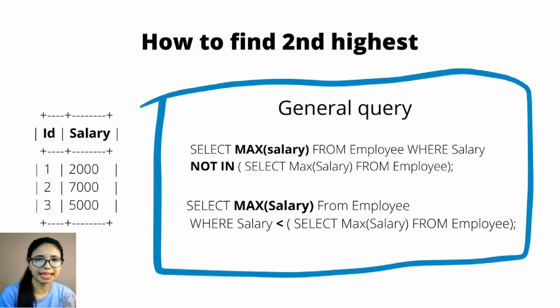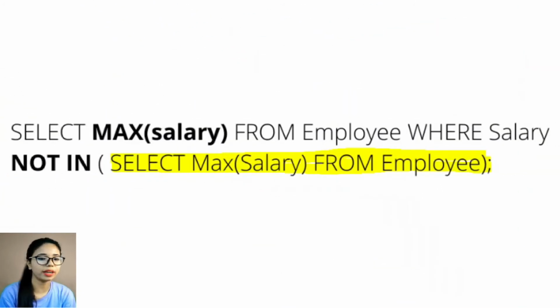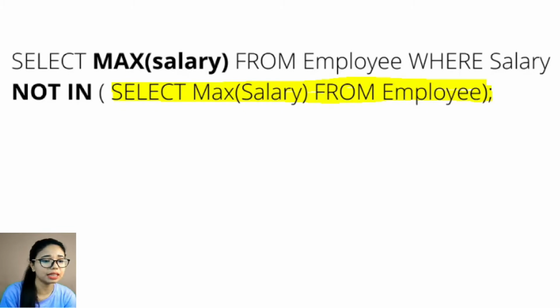Now let's understand this. While you are running any SQL query, first the inner query will be running. And what is the inner query? Select max salary from employee. This is the table where I have ID and salary.